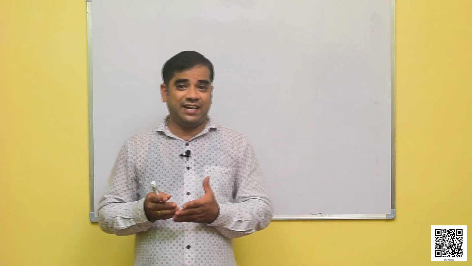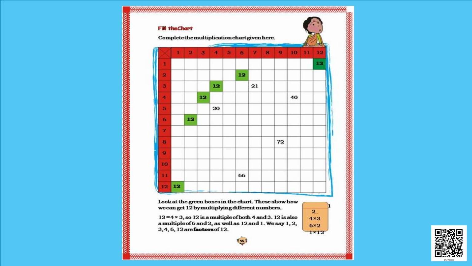In this chart given, you can find that 12 lies in all the tables of 1, 2, 3, 4, 6 and 12 itself. So, 12 is a common multiple for 1, 2, 3, 4, 6 and 12, and all these numbers 1, 2, 3, 4, 6 and 12 are the factors of 12.